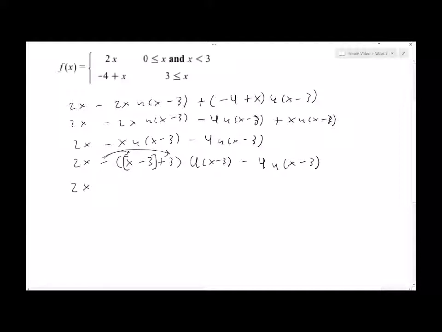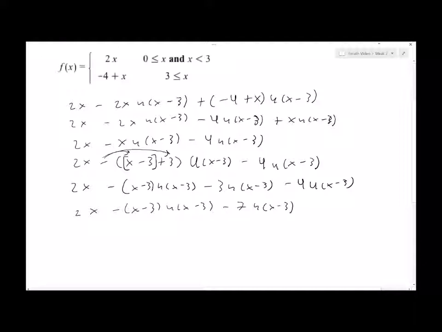We're left with 2x minus x minus 3 u of x minus 3 minus 3 u of x minus 3 minus 4 u of x minus 3. And we're left with 2x minus x minus 3 u of x minus 3 minus 7 u of x minus 3.